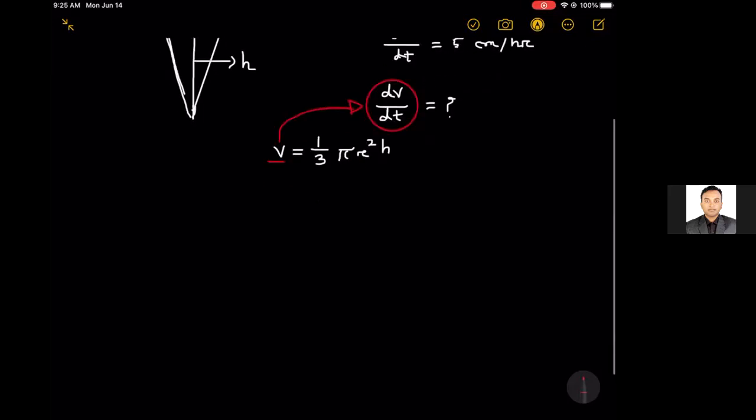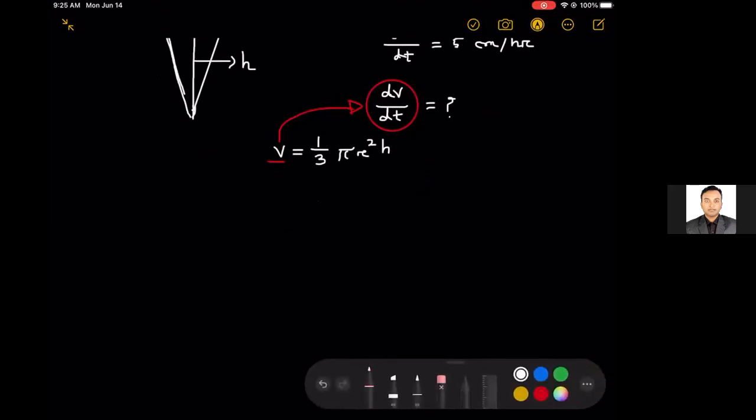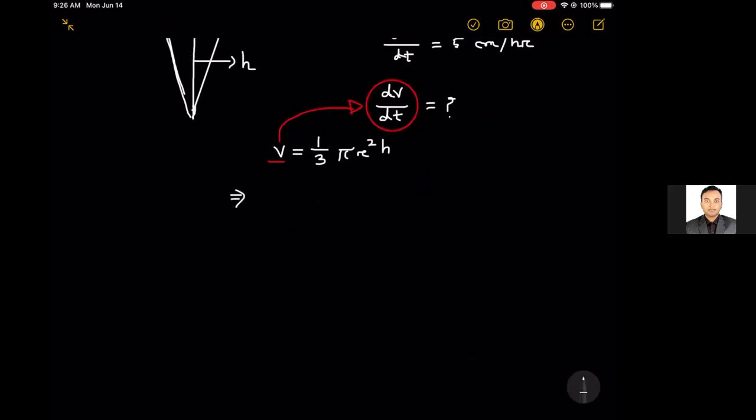Okay. So since the v is here, I can just take the first derivative of it in terms of t, dv dt on both sides. d dt of 1/3 pi r squared of h. Do you agree? Because that's what I'm looking for.